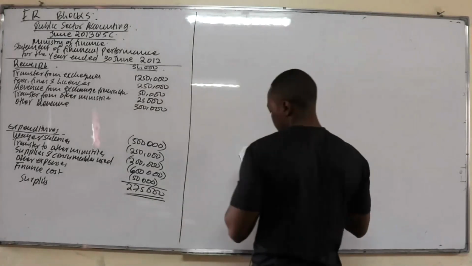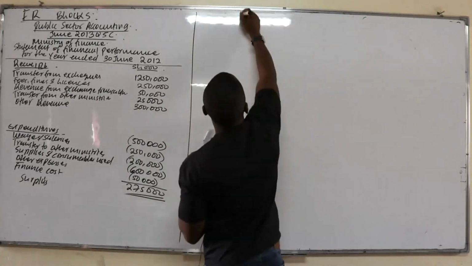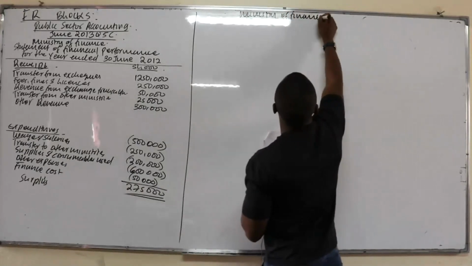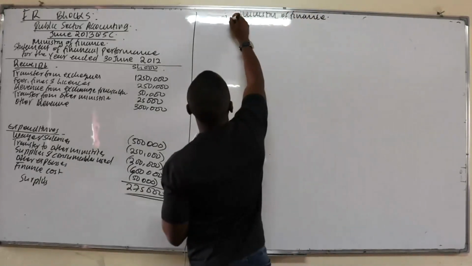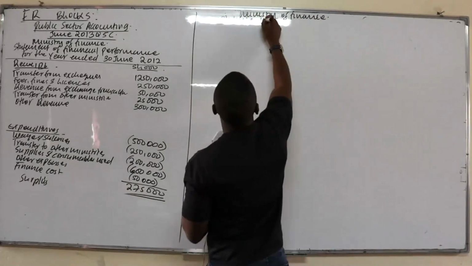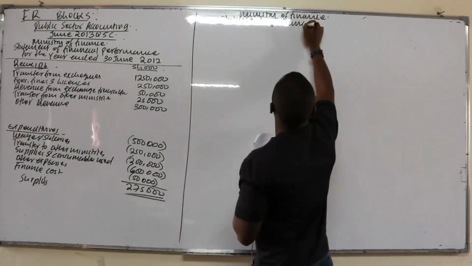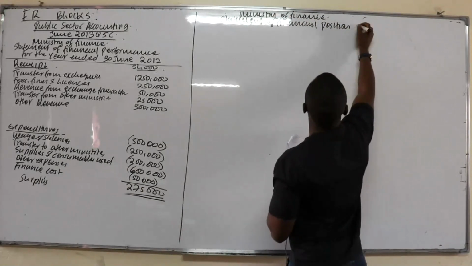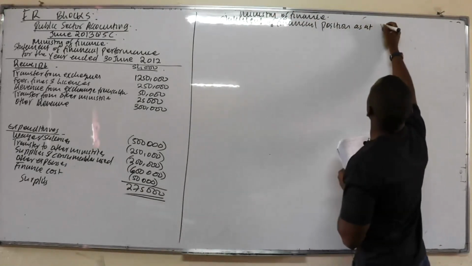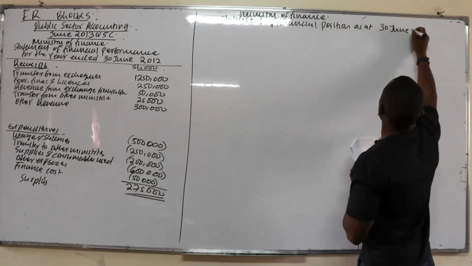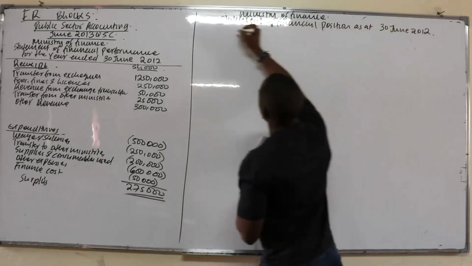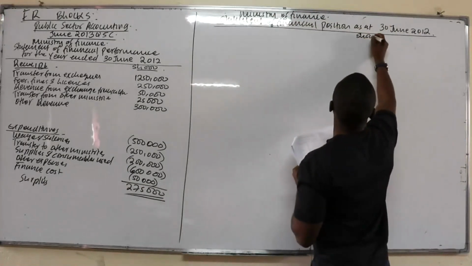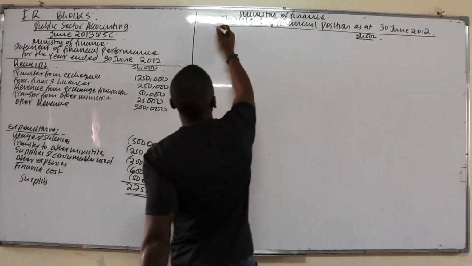Now let's present the statement of financial position. Ministry of Finance, statement of financial position as at 30th of June 2012. So we have the assets.